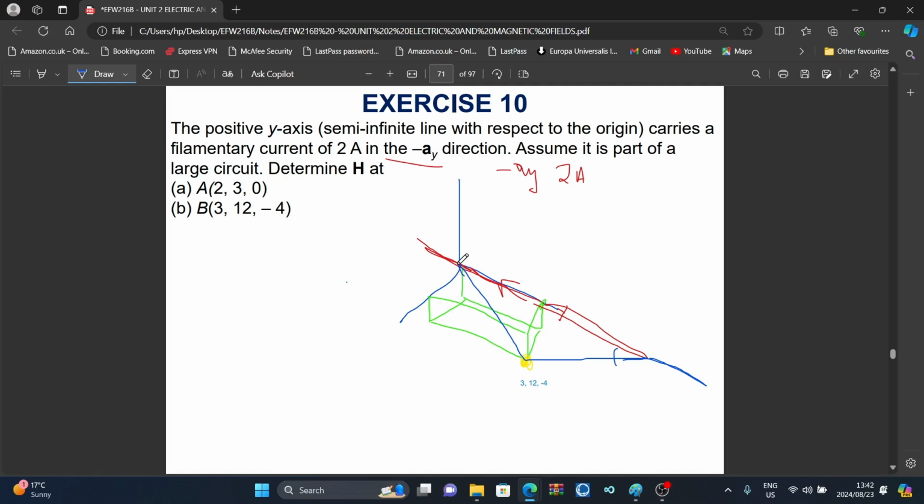In this case, let's assume our alpha 1 is 180 degrees. So we'll put our alpha 1 here, which is alpha 1.